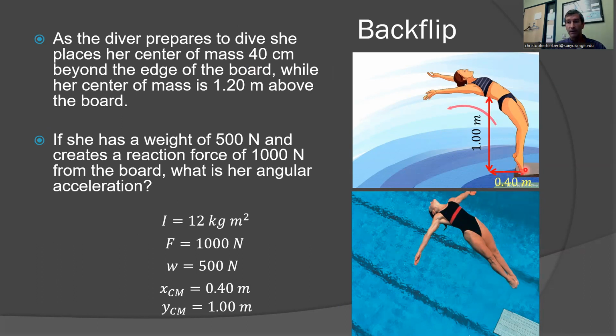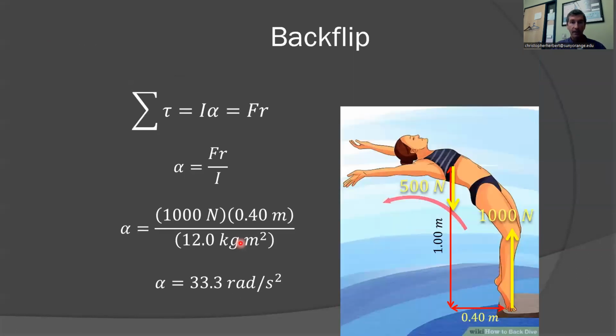0.4 meters. Again, we do our line of action here. The center of mass, that's where the force is on here, causing her to rotate here. Here we have the board pushing up on her. And again, we can calculate from this that the moment of inertia of this diver times this angular acceleration is going to be equal to the torque, the force from the board times this distance.